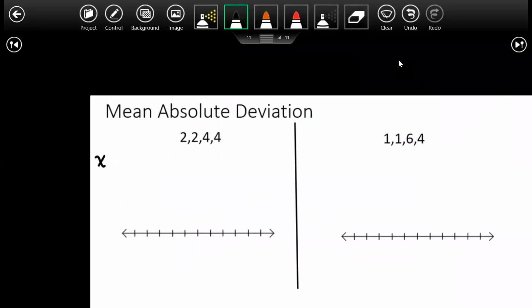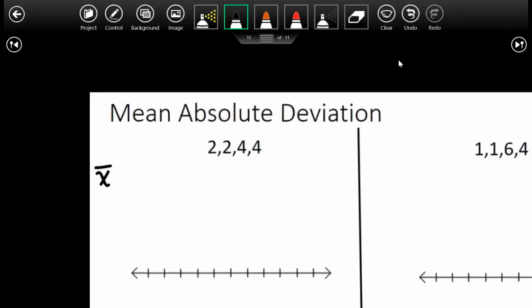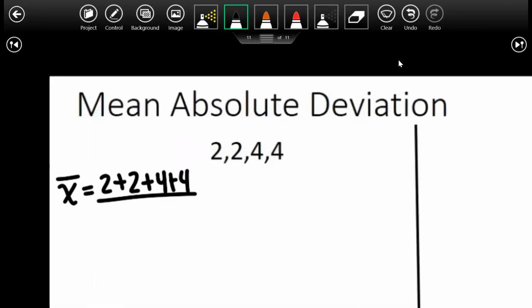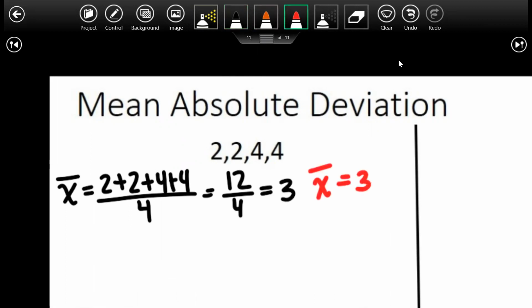We're going to say x hat, or x bar in this case, is equal to 2 plus 2 plus 4 plus 4 all over, how many data points do I have? 2 plus 2 is 4, 4 plus 4 is 8, 8 plus 4 is 12, 12 over 4 is 3. So the mean is 3.